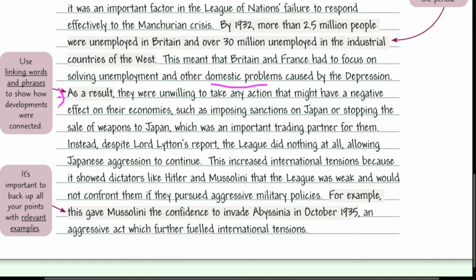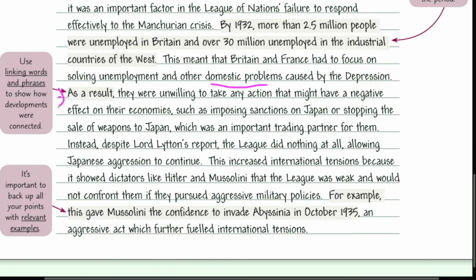Instead, despite Lord Lytton's report, the League did nothing at all, allowing Japanese aggression to continue. This increased international tension because it showed dictators like Hitler and Mussolini that the League was weak and would not confront them if they pursued aggressive military policies.